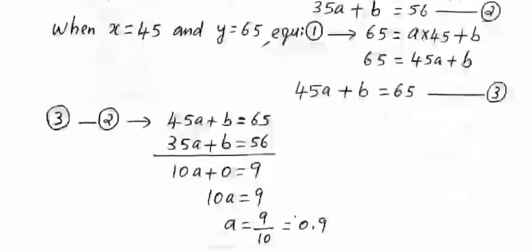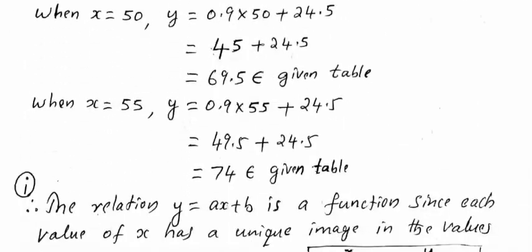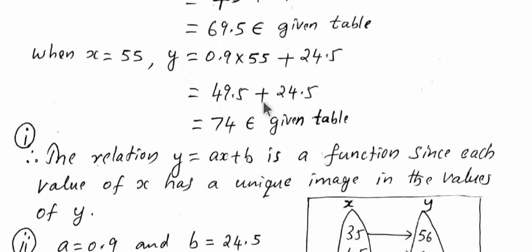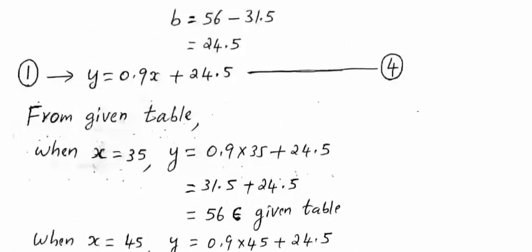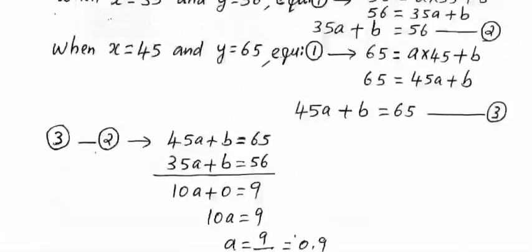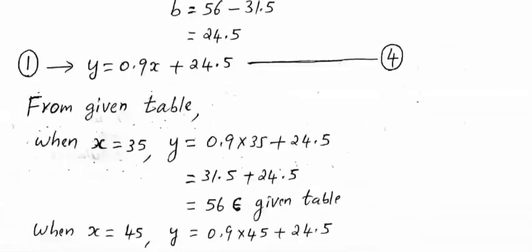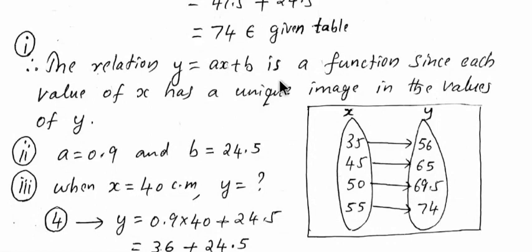Therefore, the answer for the first question is, we can write the relation y is equal to ax plus b, equation number 1. Y is equal to ax plus b is a function since each value of x has a unique image in the values of y. Therefore, here draw an arrow diagram.